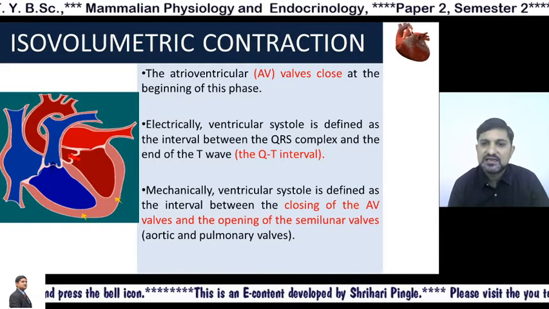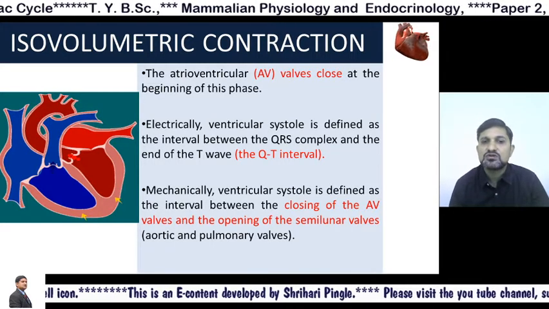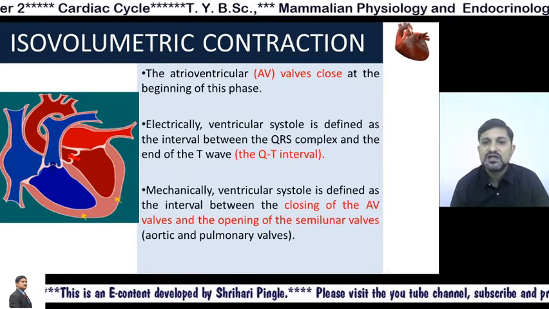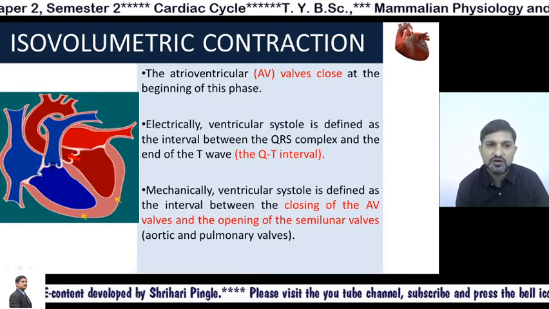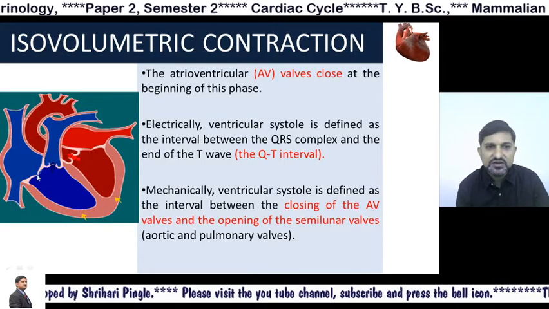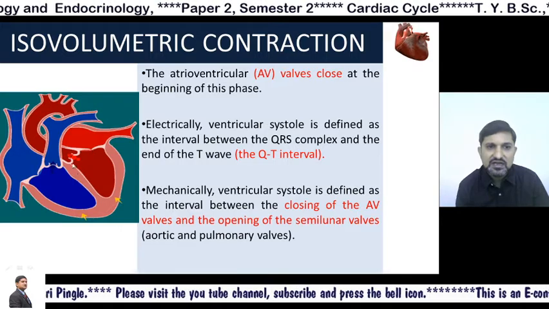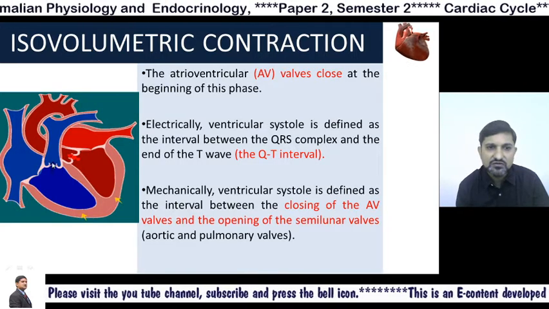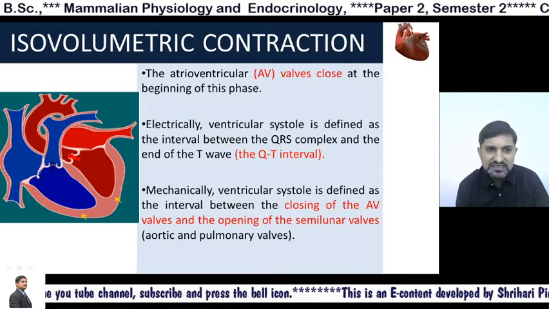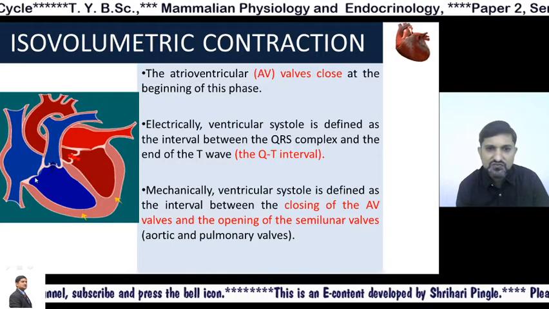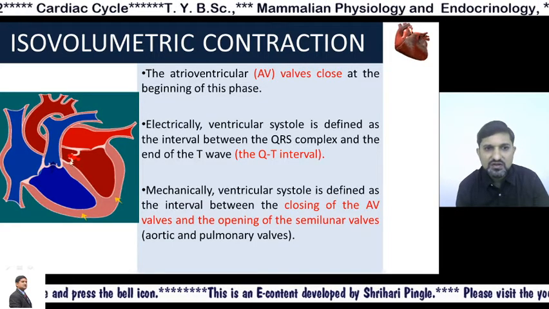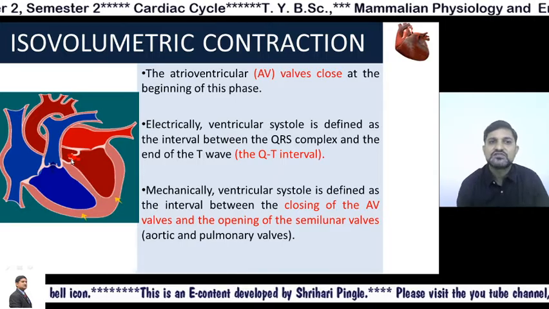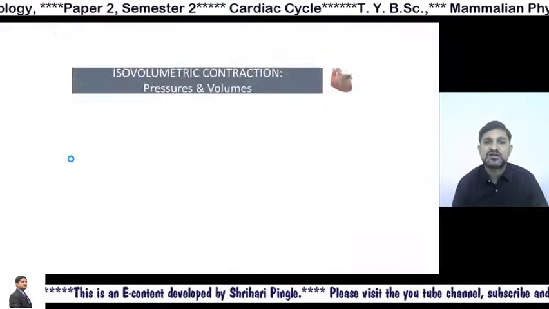However, mechanically, it involves the closure of the atrioventricular valve and opening of the semilunar valve. So these are the atrioventricular valves over here, and these are the semilunar valves here. So the event taking place from the closure of these valves till the opening of these valves involves isovolumetric contraction.